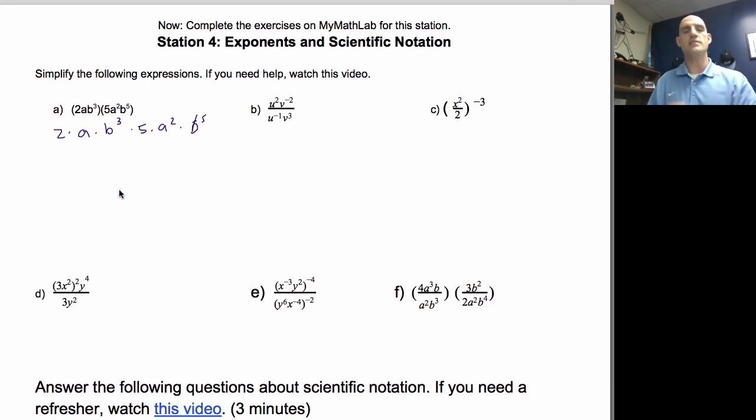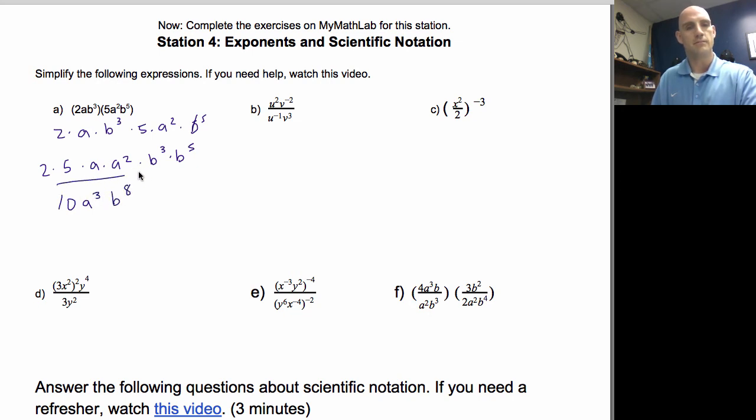If I move these elements around and put the numbers together, 2 times 5, and the a parts together, a times a squared, and the b parts together, b cubed times b to the 5th, I could then easily simplify to give myself 10 a cubed b to the 8th. That's my answer. That's using the commutative property to move those elements around.